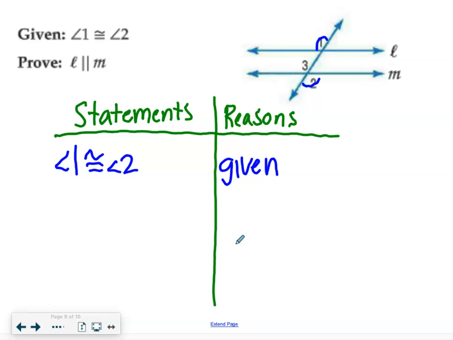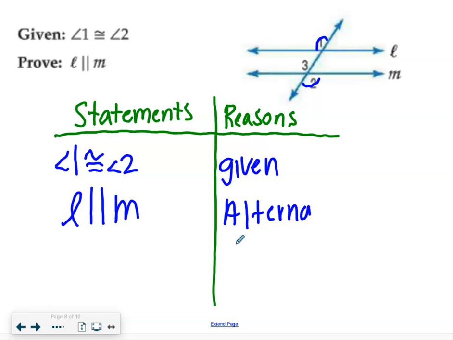Alternate exterior. And if I have alternate exterior angles that are congruent, what do we know about our lines? They're parallel. So this is just 2 steps. So now I can say L is parallel to M by the alternate exterior converse.